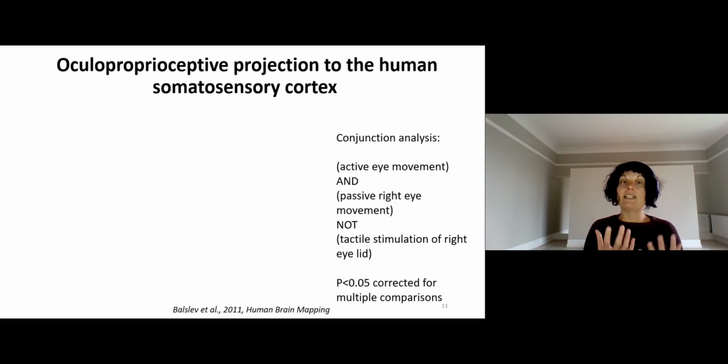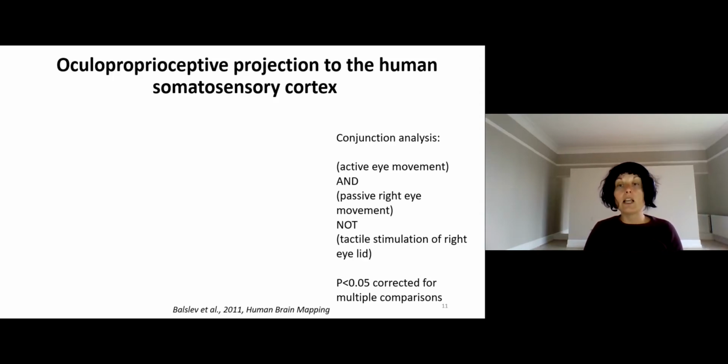Now, because this is a rather complex task, so it involves not only a stimulation of the extraocular muscles, but also a hand movement to push the eye, so the participants push their eye themselves, and also some tactile stimulation. We had control conditions to get rid of these additional sources of activation to isolate the proprioceptive input.